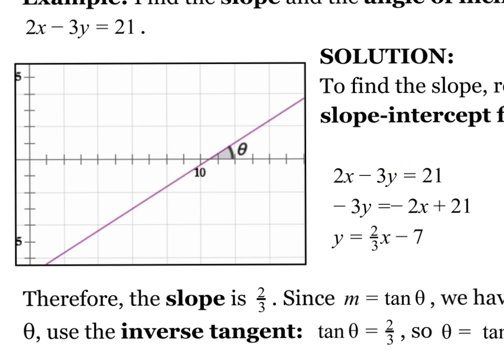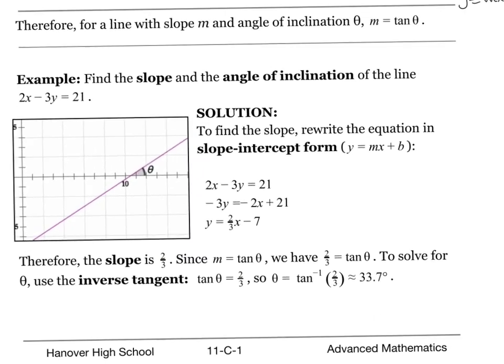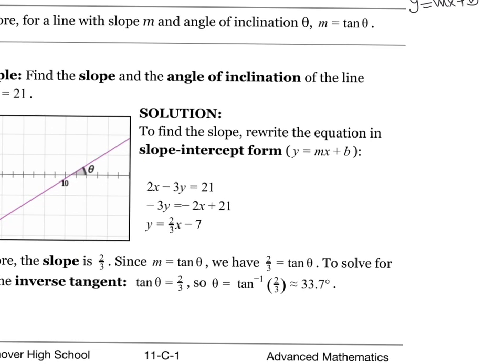For example, suppose I had a line that looked like this, with a negative slope. The angle of inclination would be measured here. The kooky thing is that when you do the inverse tangent of this negative slope, the inverse tangent function is going to give you this angle as a negative.